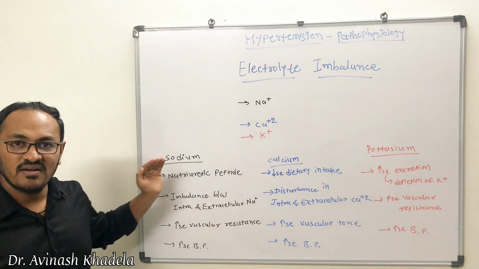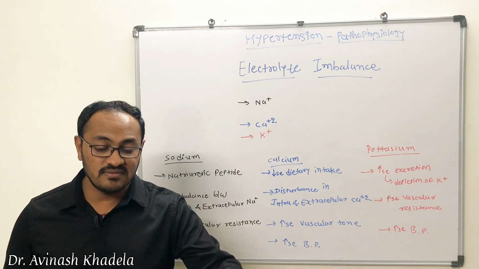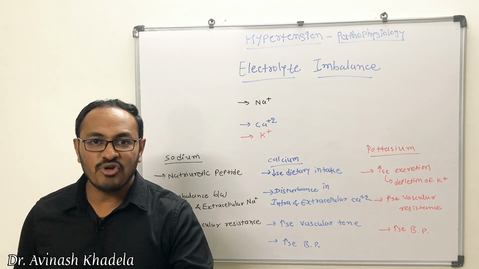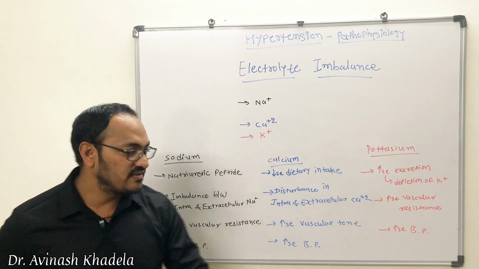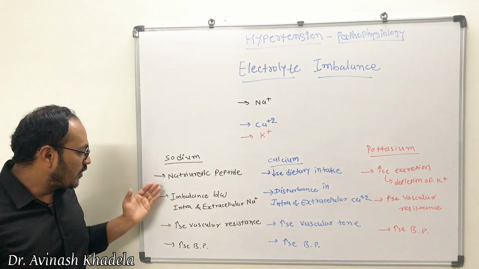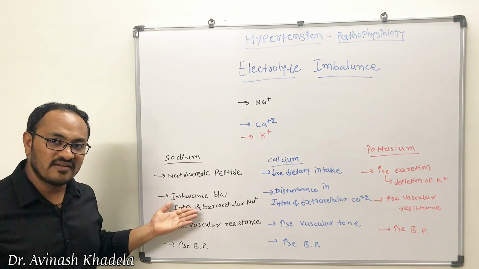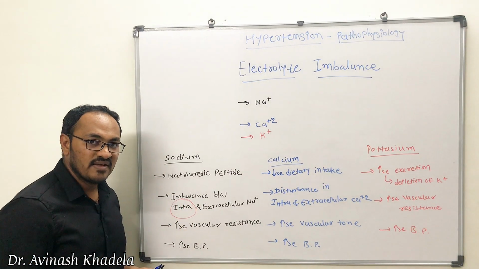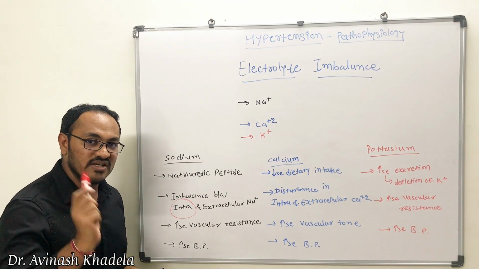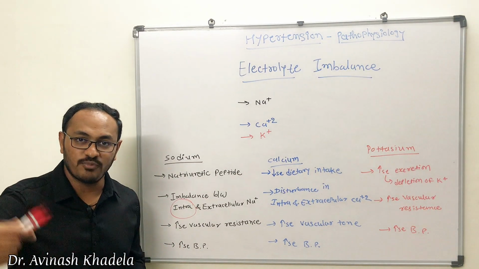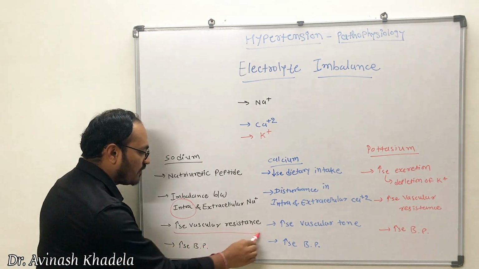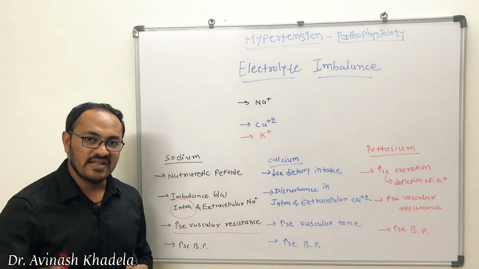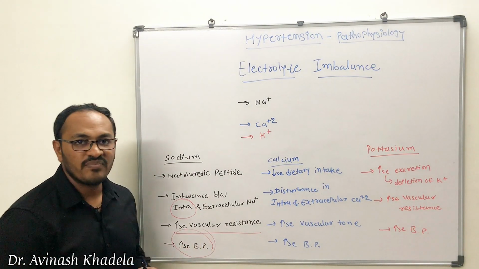When excessive sodium is retained inside the human body, there is an imbalance between extracellular and intracellular sodium levels, and intracellular sodium concentration increases. This increase is responsible for generation of more action potentials and contraction of vascular smooth muscle, which will ultimately increase the vascular resistance, and this increase in vascular resistance is responsible for high blood pressure.